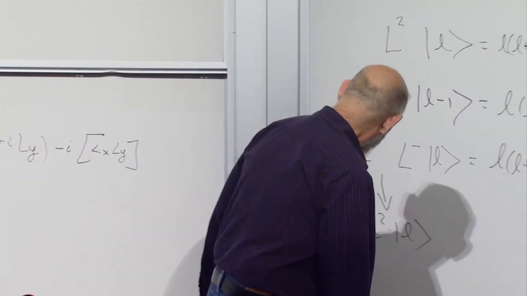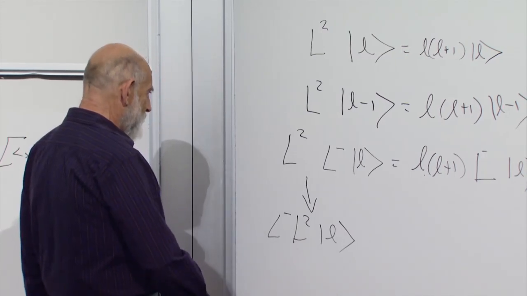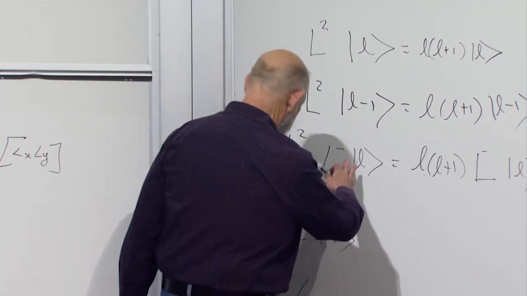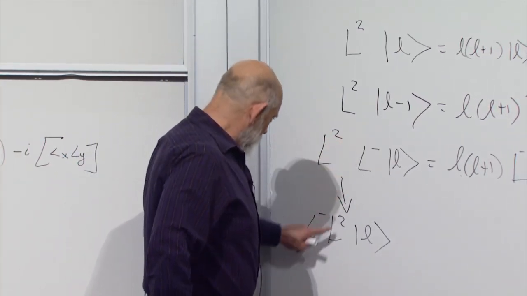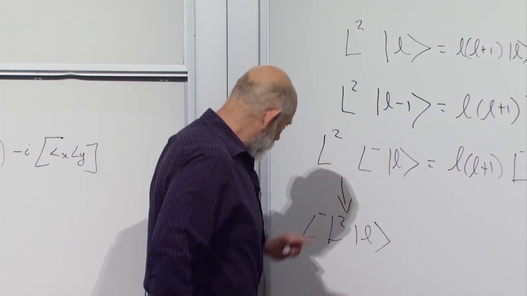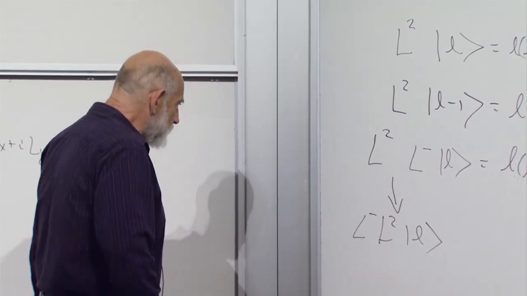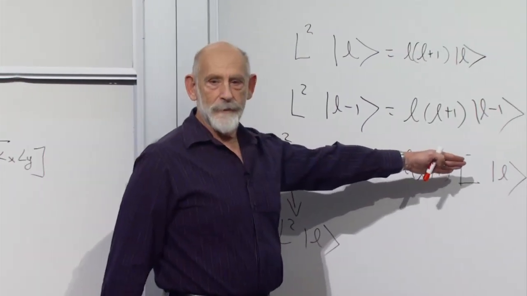If this commutes with this, we can push this through here. That's then equal to L times L plus 1. Yeah, we would have proved this relationship.